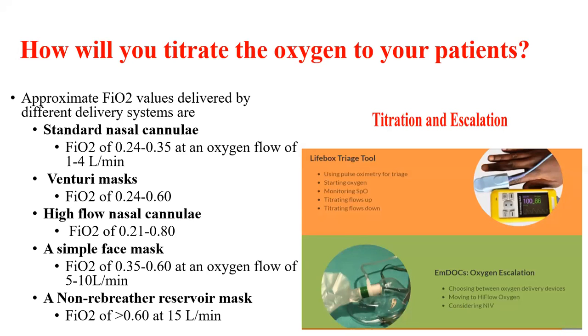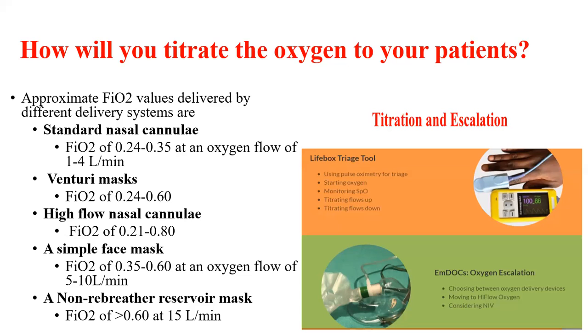Okay, that's what is explained. The standard nasal cannula, we saw that it gives a flow of 1 to 5 liters, and an FiO2 of 24 to 35, or 24 to 40, depending on the reference. Venturi can give an FiO2 of 24 to 60.